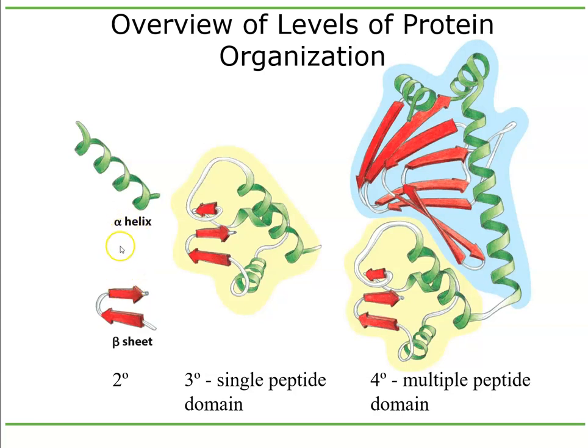So those interactions between the backbone. When we go to the tertiary structure, we're talking about the R groups, the side chain interactions, and it doesn't really matter where those are located as long as they're happening with the side chain groups. And finally, the quaternary, where we have multiple peptide domains. So that's kind of the overview. You should be able to distinguish, identify, and differentiate these different types of structural determinations and levels.